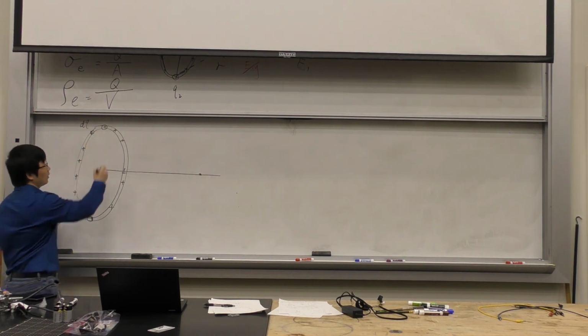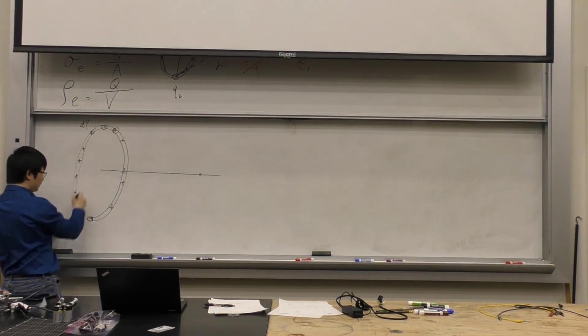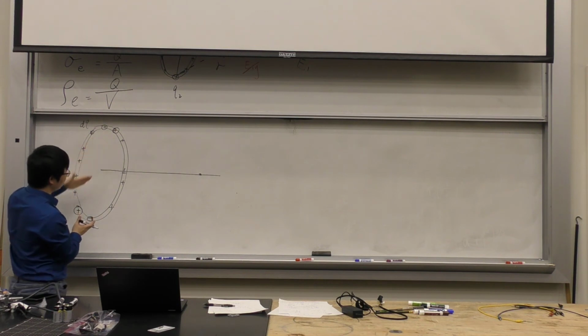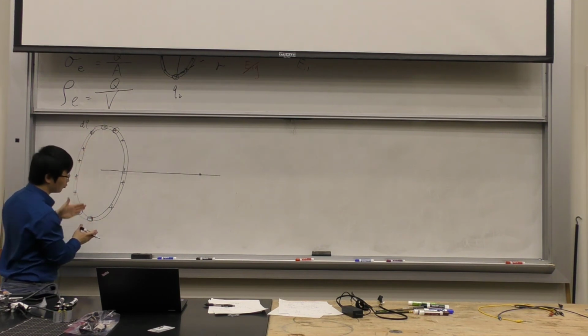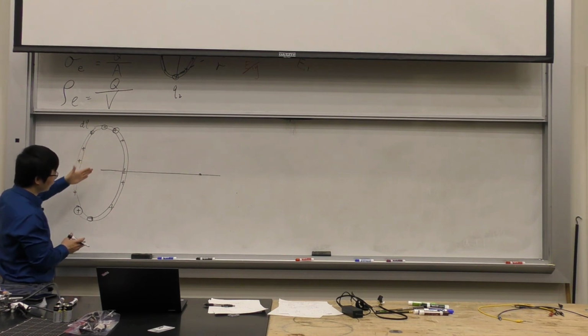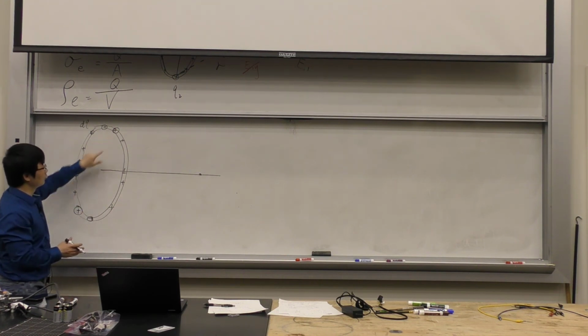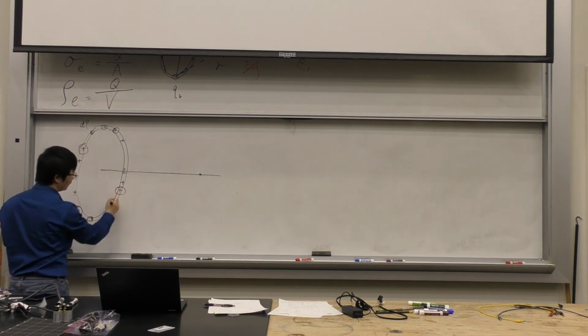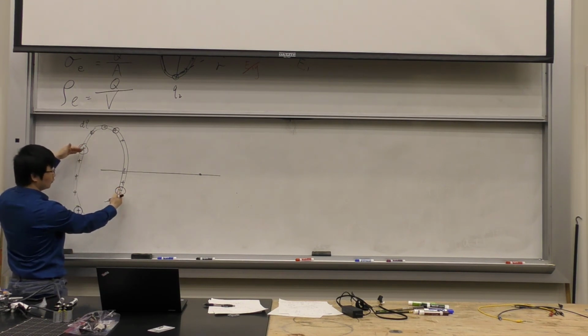So what about this one? This one is going to be canceled by this one. Think about it, they're going to make an angle, so their triangles are not on this plane, but still the vertical components are going to cancel for these two. If you pick this one, you're going to find another charge here, and they are going to cancel the vertical components.